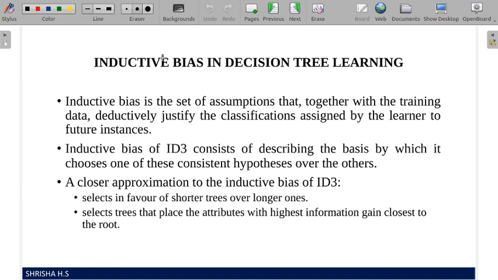Among the set of hypotheses possible, inductive bias says what kind of hypothesis our method has a tendency to select. There are hypotheses 1 to 10, for example. We employ a certain strategy. So what kind of hypothesis do we select from 1 to 10?